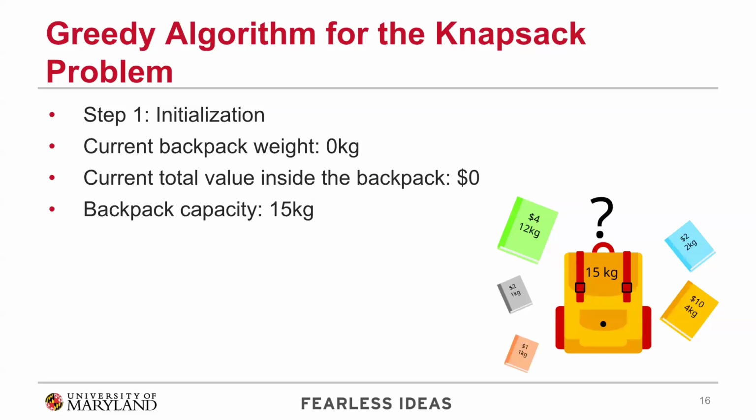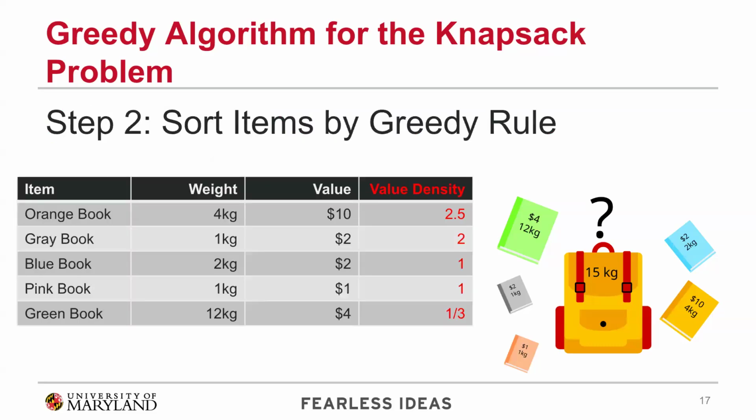So for example, your current state of the backpack would be 0 kilograms with a total value of $0, and the capacity still remains at 15 kilograms. Here you've got a set of items, and you try to sort them by value and pick the items having the greatest value.